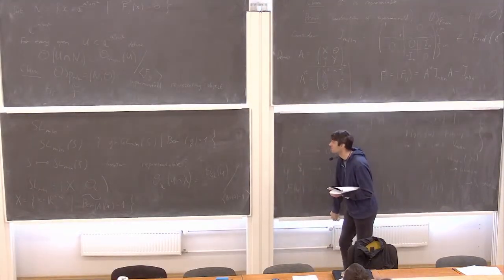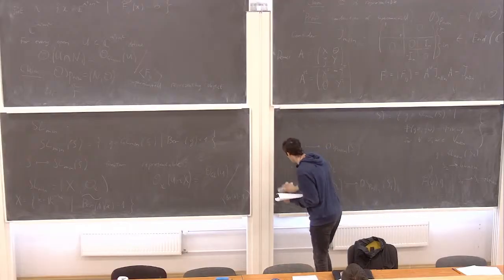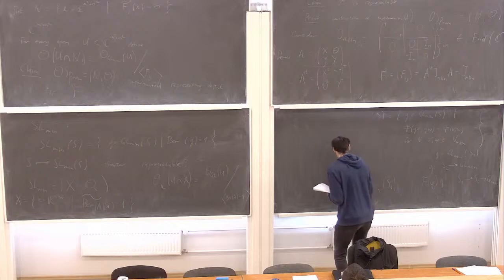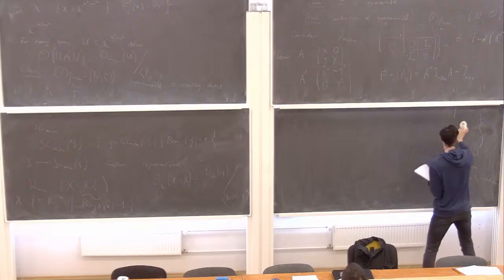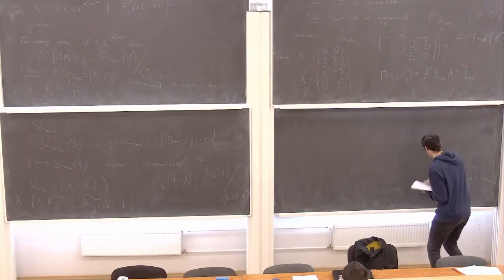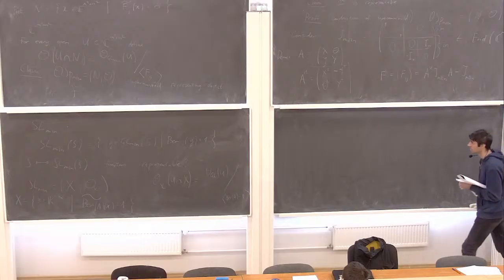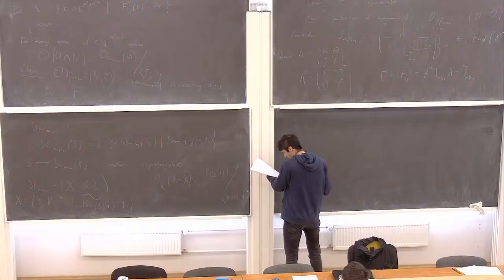So this is something that has no analogs in just the even world. So another example. This one is called the periplectic supergroup.